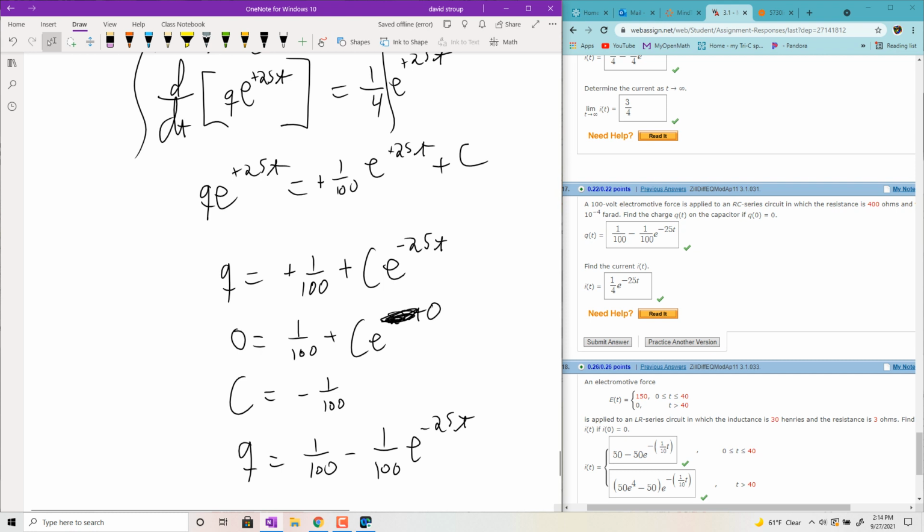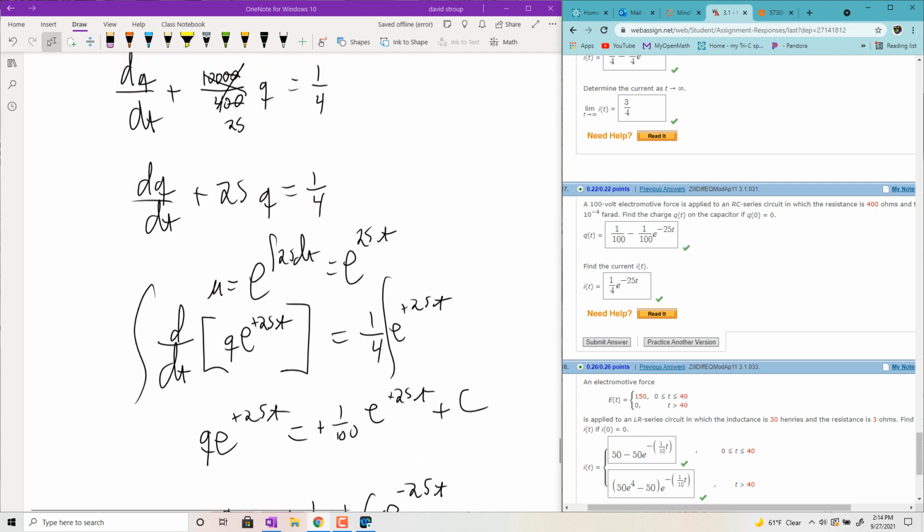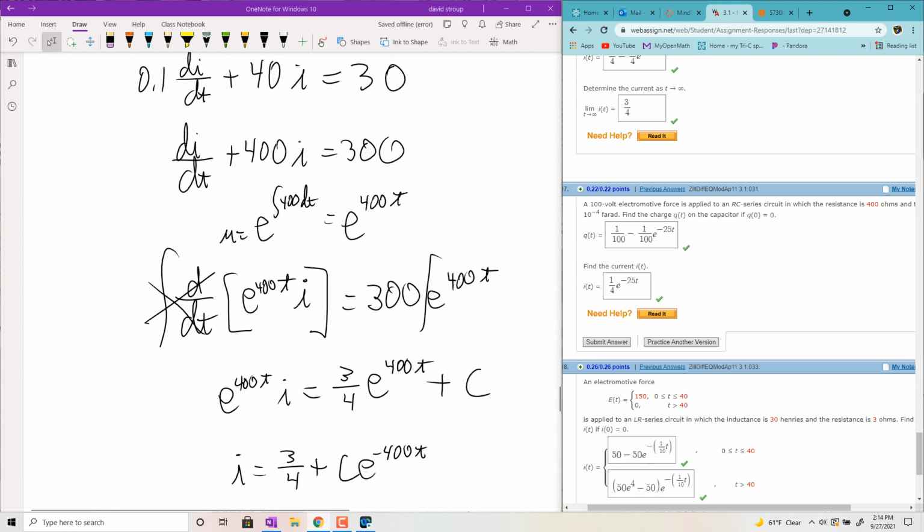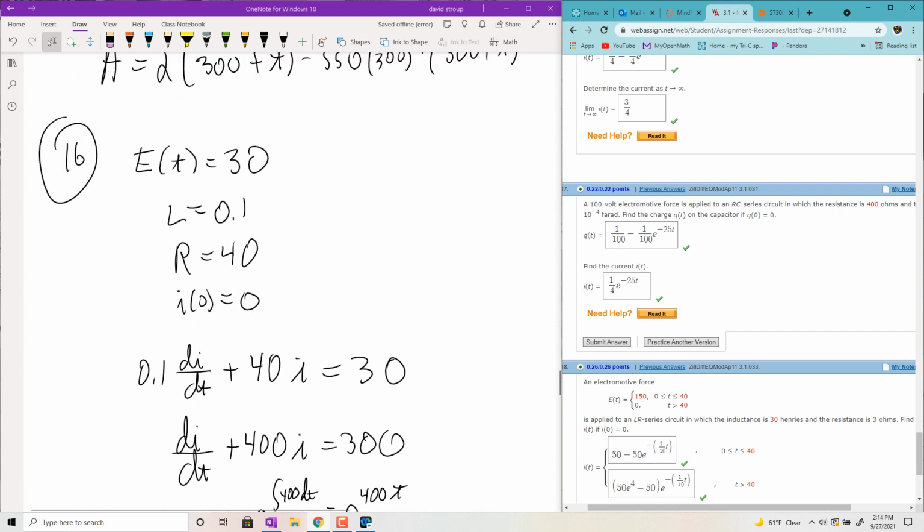The last one, you gotta use the inductance resistance formula, so you gotta go back to this one.